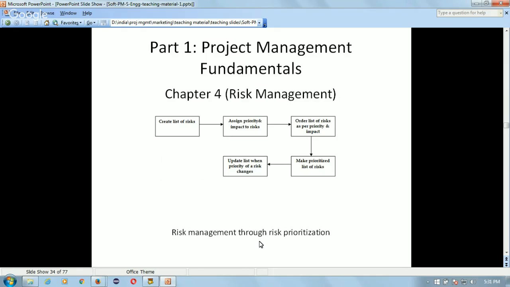Make a prioritized list of this. So this means you are making a list with the high priority risks, and then the lower priority risks, and the project manager will keep all these risks, and if at any time some changes happen in this list, the project manager will update the list.